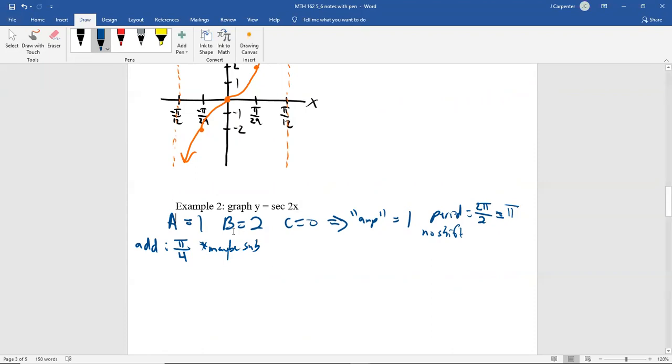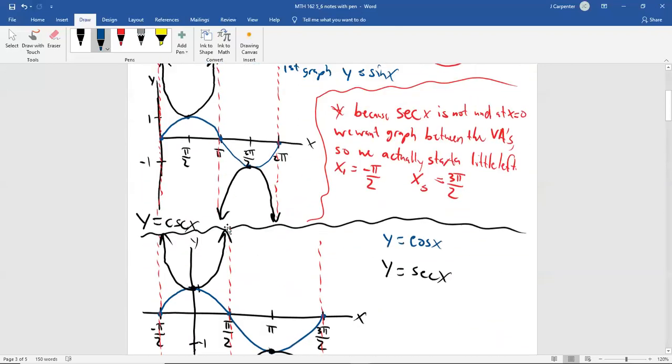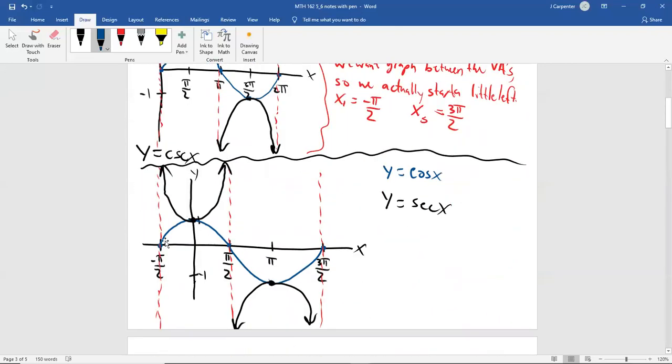So a secant graph, that was flipping the cosine, right? So here was the cosine wave, and that was one that we did have to shift over a little bit, that kind of annoying negative pi over 2 aspect. So you would have had to have accounted for that as well here.